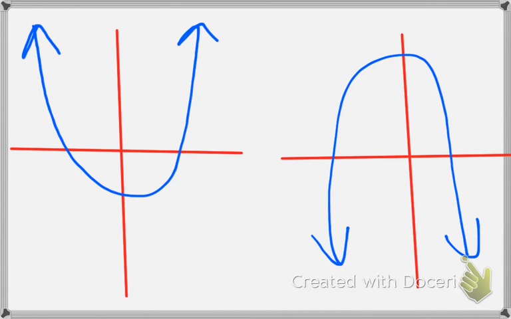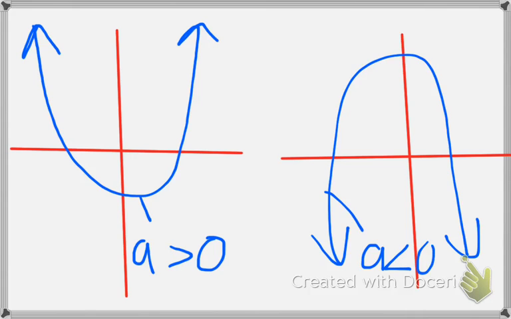So again, f of x equals ax squared plus bx plus c, and this one would be where a is greater than 0, and this one would be where a is less than 0. So we've got those.